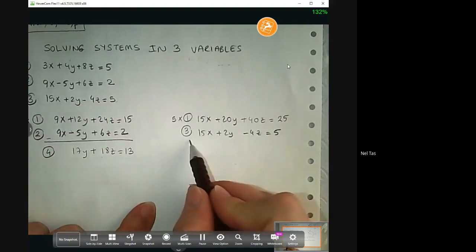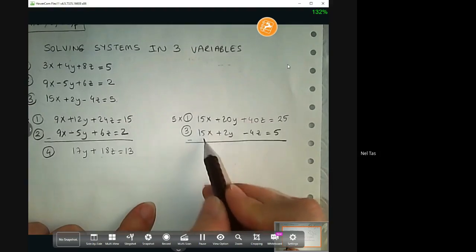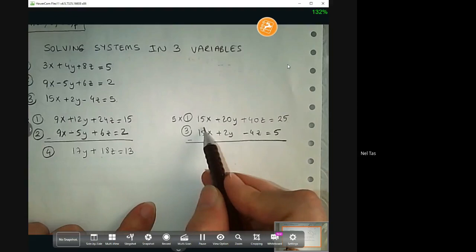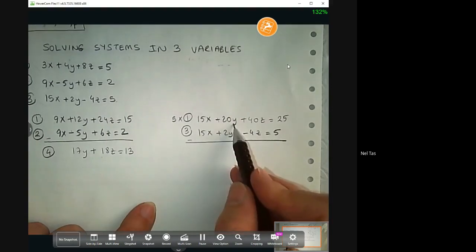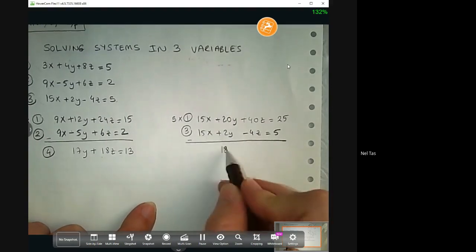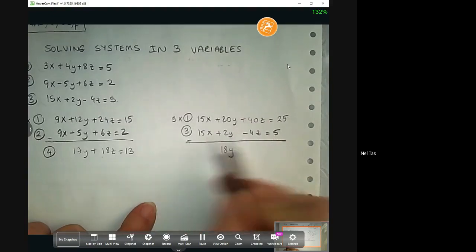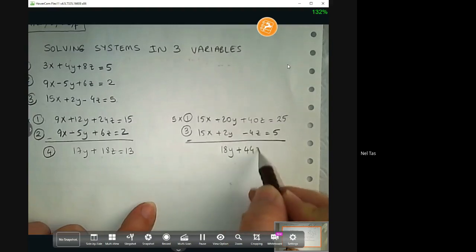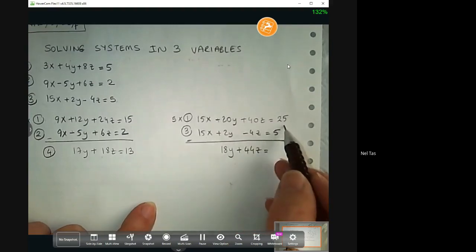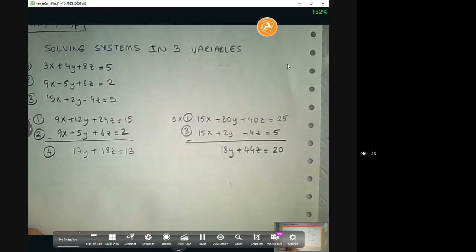So let's subtract, because again they have the same sign. Addition is not helping me. If I subtract, I can eliminate variable x. So 15x minus 15x, 0. 20y minus 2y, 18y. 40z minus negative 4z, positive 44z. 25 minus 5 gives you 20.